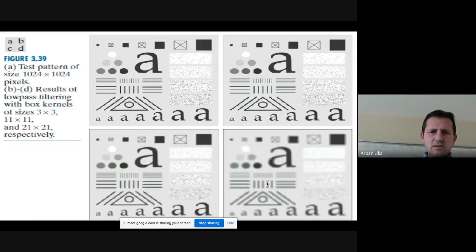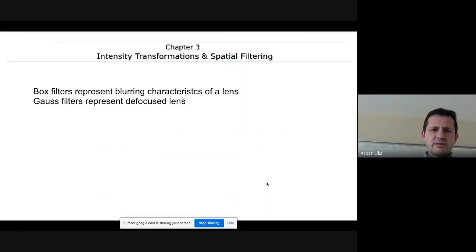And let's see what we get here again. Here we see some other examples. We have low pass filtering with different box kernels. This is just another exercise with what we saw a couple of slides before.